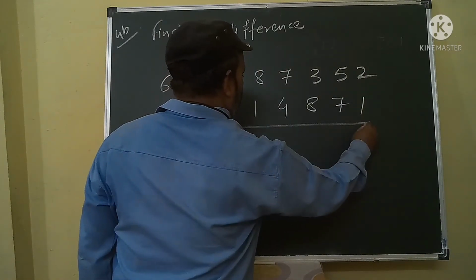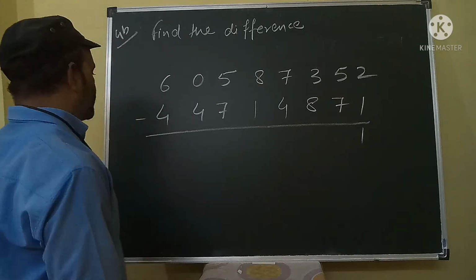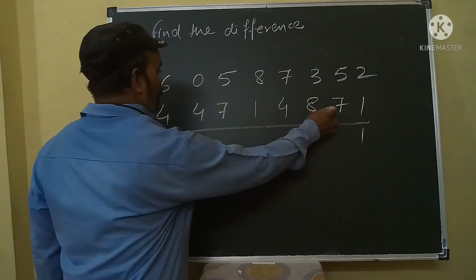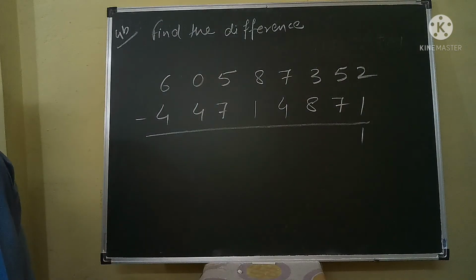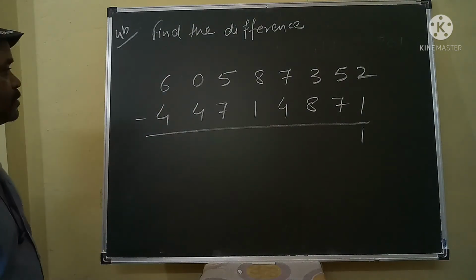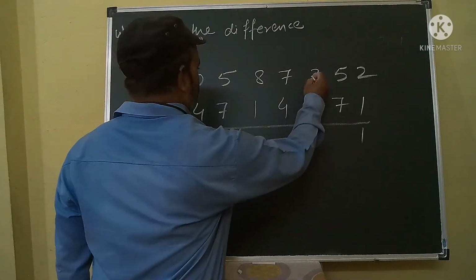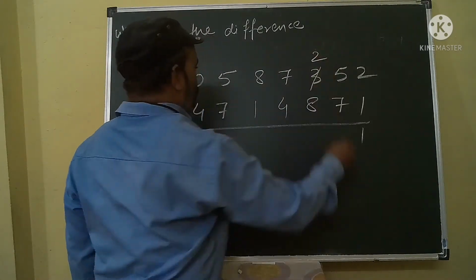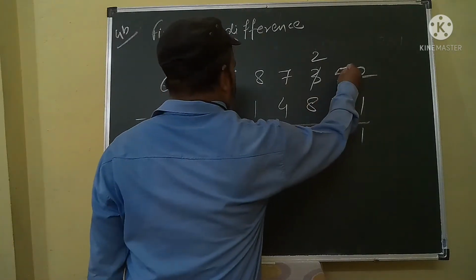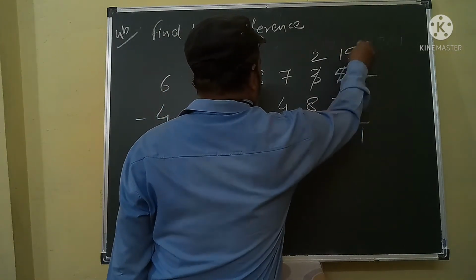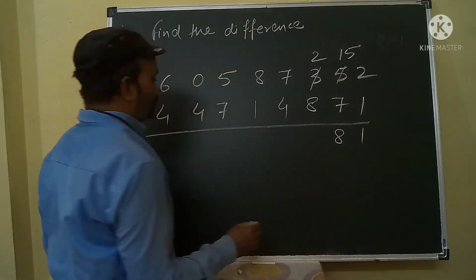2 minus 1, 1. Okay. This is 7. This is 5. We cannot subtract 7 from 5. So what will you do? We take one number borrow from 3. So 3 converted to 2, and this 5 converted to 15. 15 minus 7, 8.